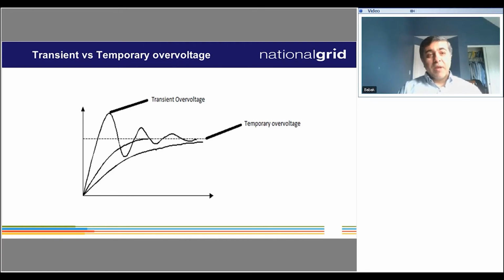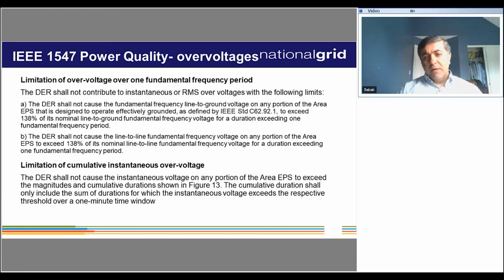With that in mind, let's see what the standard says about overvoltage challenges caused by DER. Most of the distribution systems in the world, not just the US, are designed to be effectively grounded. What does that mean? If you have a line to ground fault in an effectively grounded circuit, the voltage in the unfaulted phases will not exceed 138% overvoltage.